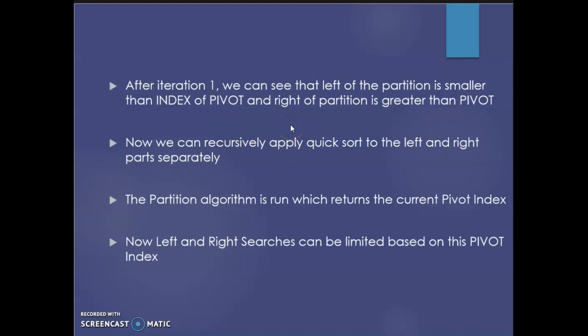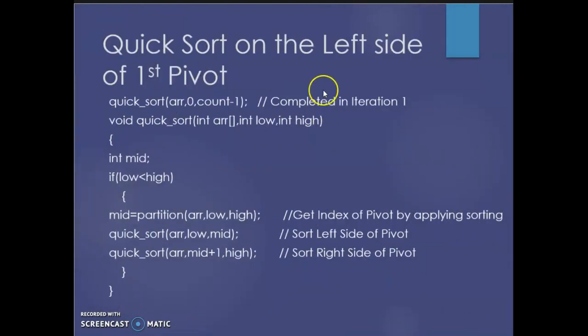So this step will be recursively applied to the left side, that is between 23 and 11, and also the 88 and 77 values. We will apply these steps recursively, and finally we will get a sorted array. Now moving on to the next slide. We need to check on the left side of the pivot that we found in iteration number 1.